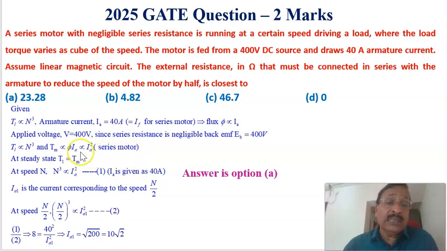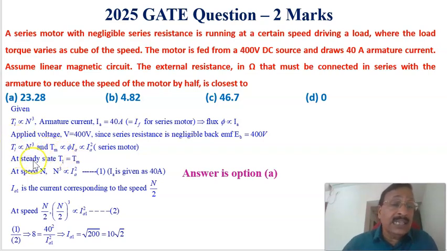For a series motor, the motor torque is proportional to the square of the armature current, and as given in the problem, load torque is proportional to the cube of the speed. At steady state, as you know, the load torque will be the same as the motor torque.